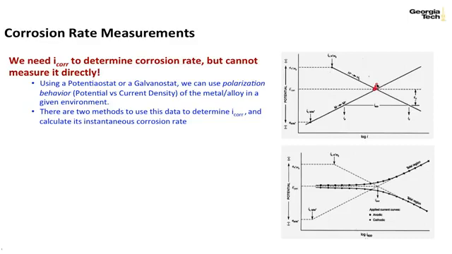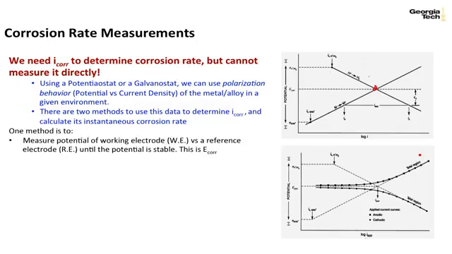Because of that, we need to polarize that state, which we can do using either a potentiostat or a galvanostat. So we use the polarization behavior of the metal and then extrapolate it back to determine I corr. There are two methods to determine I corr, which can then be related to instantaneous corrosion rate.